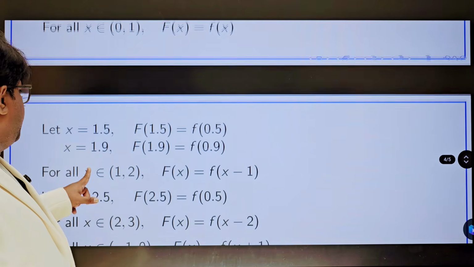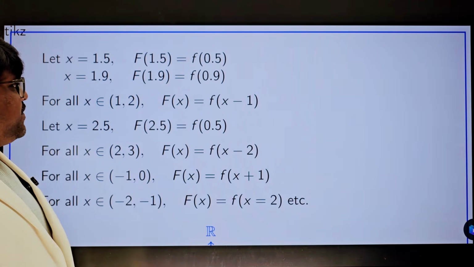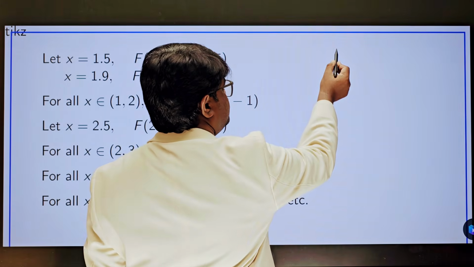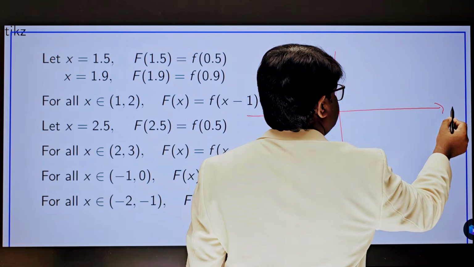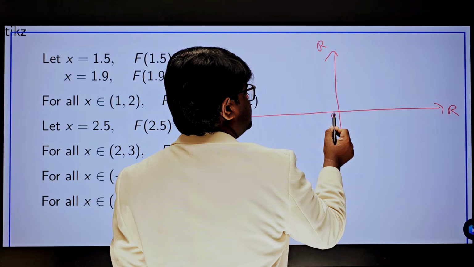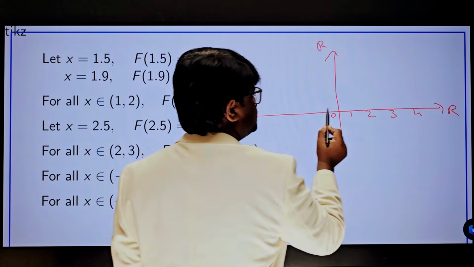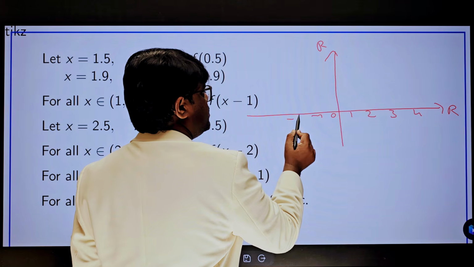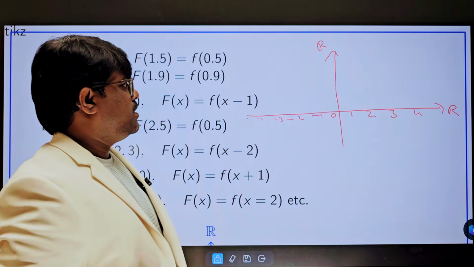Now we will draw the graph of capital F of x. On the axis we mark minus 1, minus 2, minus 3, and so on.